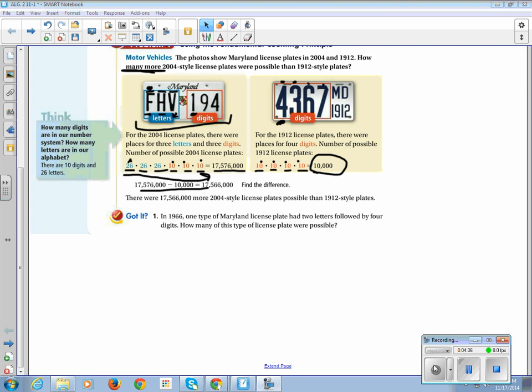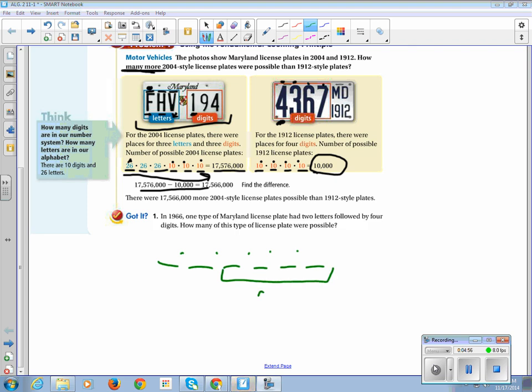Alright, so let's do our practice problem. In 1966, one type of Maryland license plate had 2 letters, so I'm going to make 2 slots for those 2 letters, followed by 4 digits. 1, 2, 3, 4. So these are digits, and these are letters. So there are 26 letters possible, and digits there are 10.